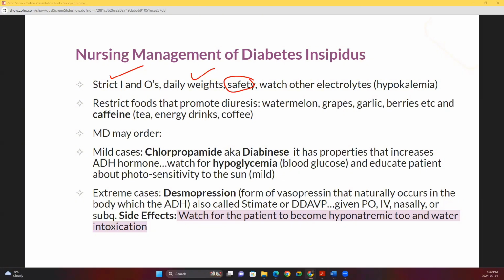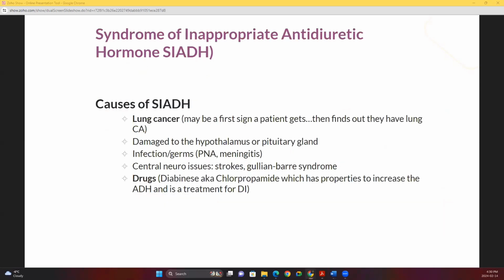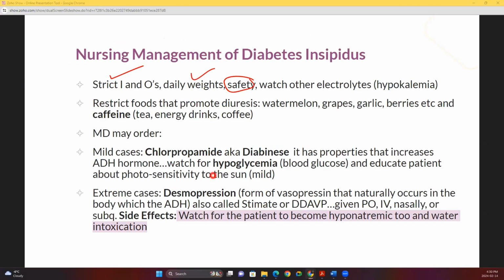Another is, now let's discuss SIADH. What is SIADH? Super increased ADH. And what are the causes? Lung cancer, or a brain injury or any kind of injury in your brain, infection, central nervous system problem, and the drugs, especially the drugs we are giving, desmopressin, diabetes.